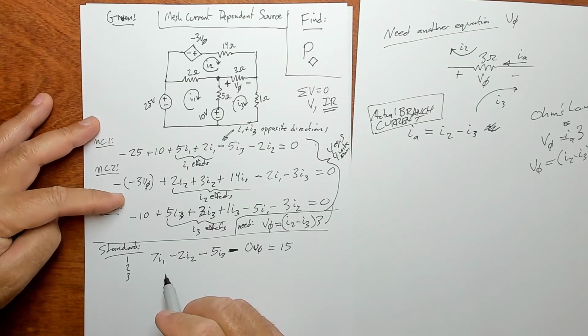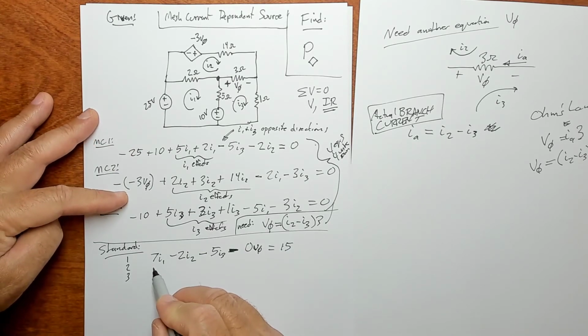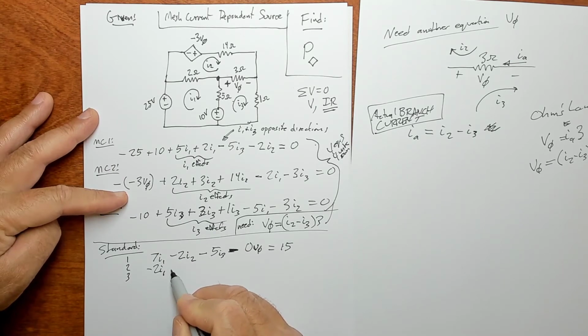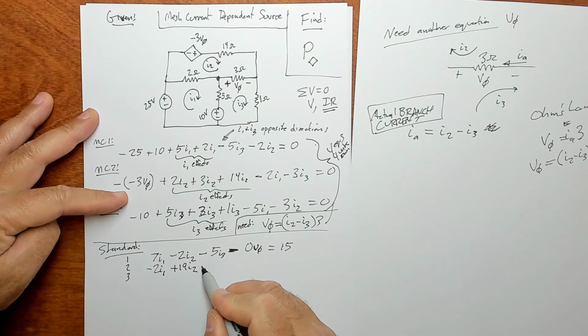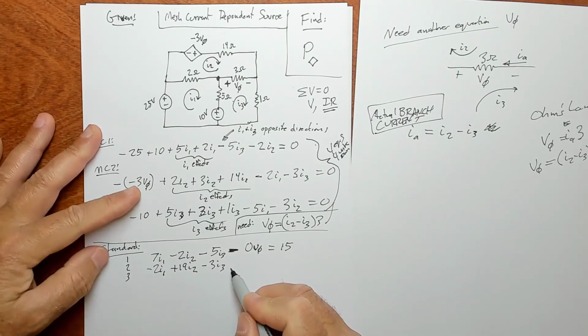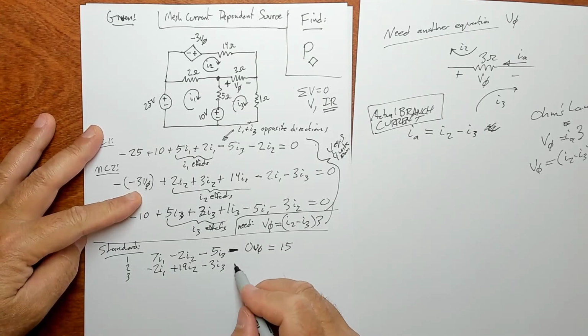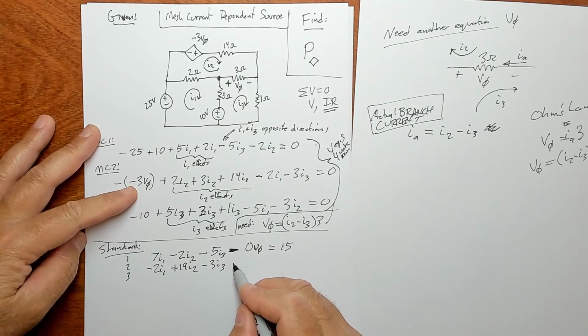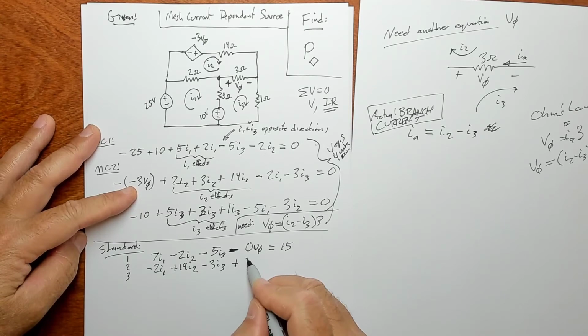So in this guy here, factor out the I1 terms, you get minus 2 I1. Factor out the I2 terms, you get 19 I2. Then you get minus 3 I3. And this has a 3 phi in it, so this is going to be negative, gives you positive 3 V phi.